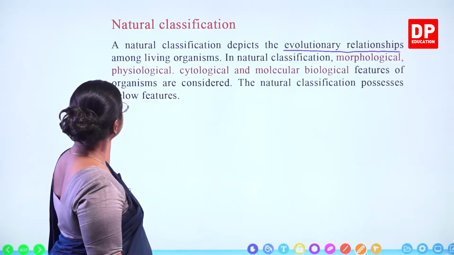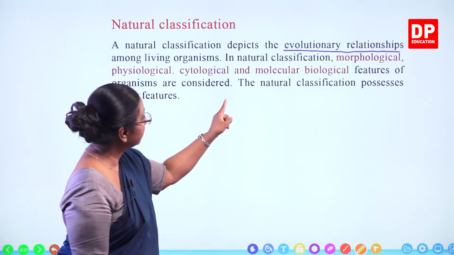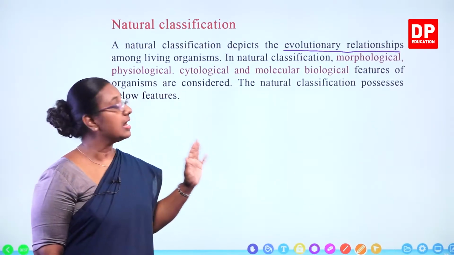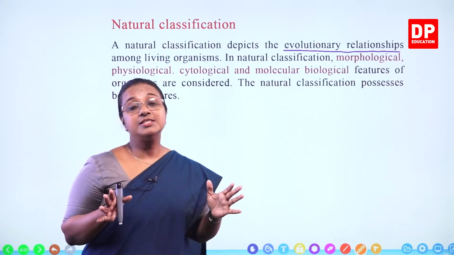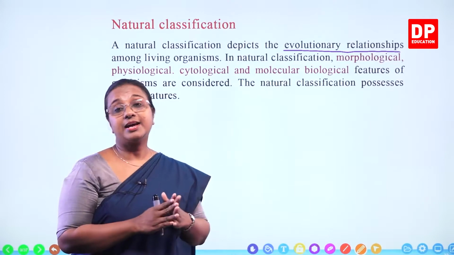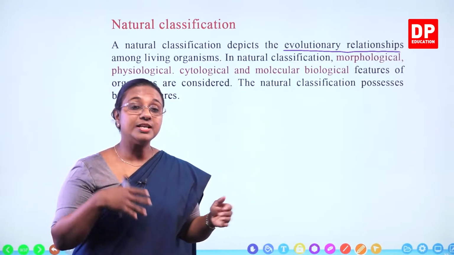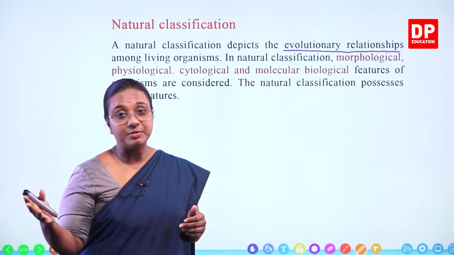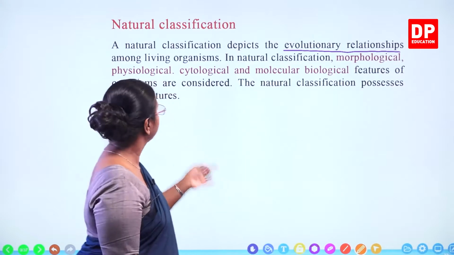Morphological characteristics, physiological characteristics, cytological characteristics and molecular biological characteristics or features. So when you consider all that, you basically look at all the characteristics of an organism. It can be a unicellular organism, plant or an animal, but you consider all the characteristics.